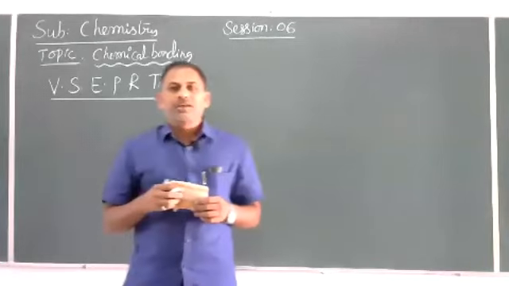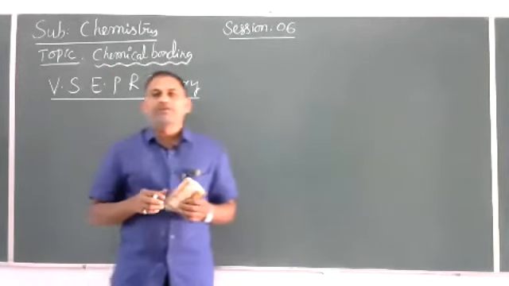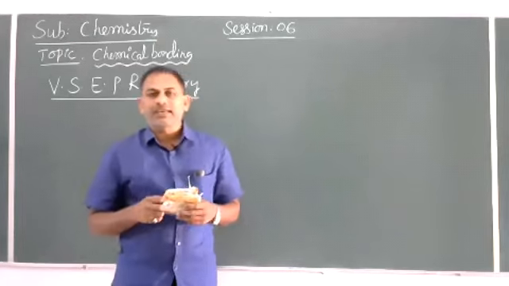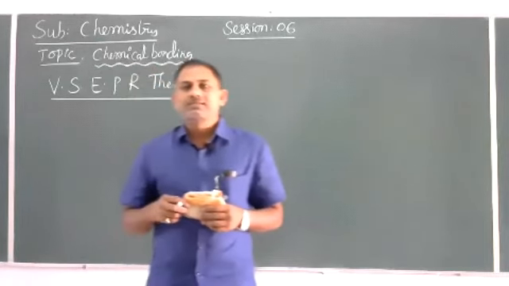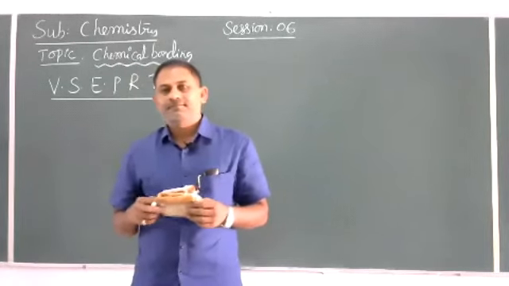This valence shell electron pair repulsion theory was introduced by Sidgwick and Powell.